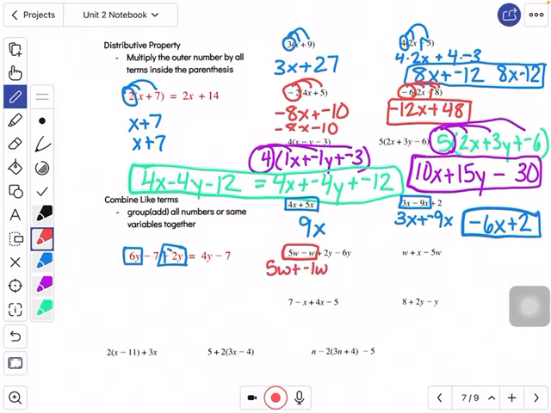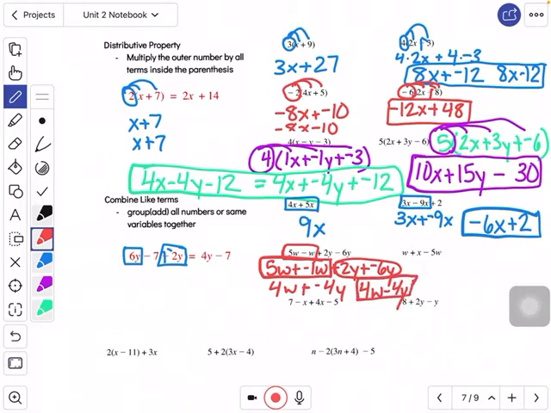And then you have your plus 2y plus negative 6y. So we have two sets of like terms. We have the w's and the y's. So we have 4w plus negative 4y, or 4w minus 4y.